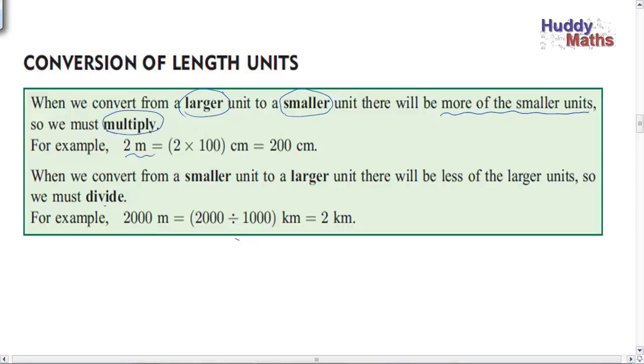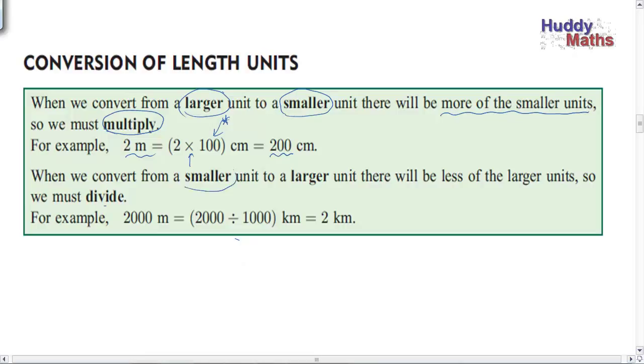So 2 metre is going to, that's a big measure compared to the centimetre. There's 100 of the little dudes in each metre, so we will multiply. We know that we're going to have many more smalls than larges. We've only got 2 large ones, but we're going to have 200 smalls contained within them.